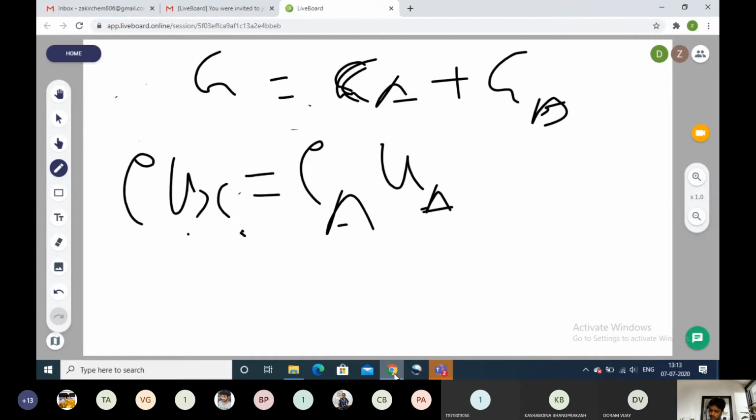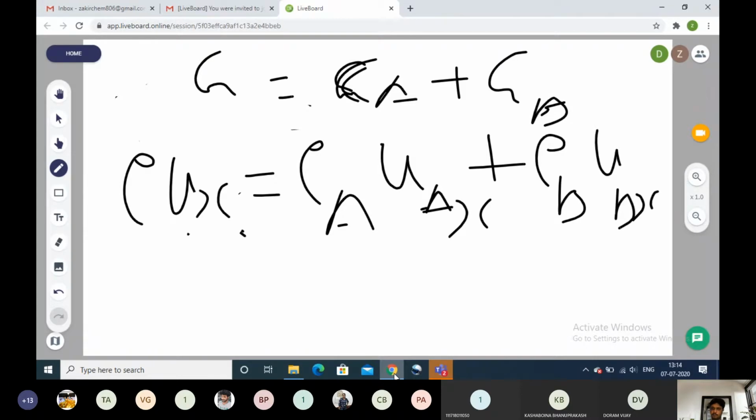Since it's a vector, we have to indicate with some component direction. So it is rho A into UAX plus for the component B, rho B into UBX. We just indicate that. So now we have to differentiate. Okay, this is for X component.